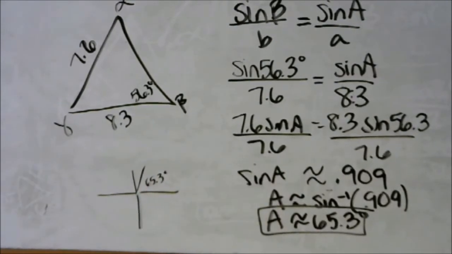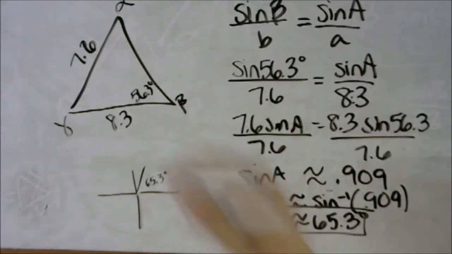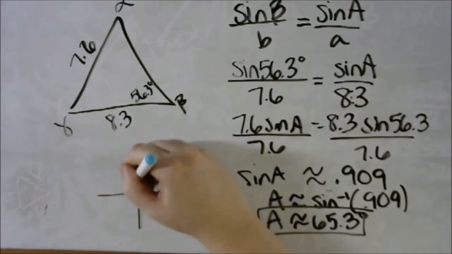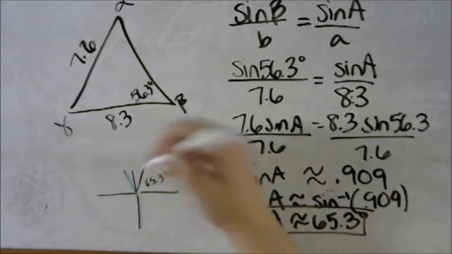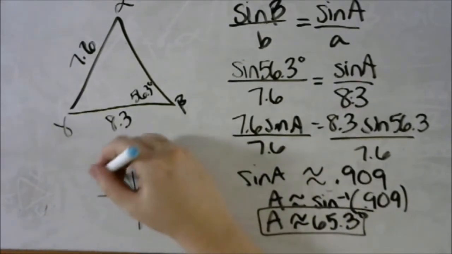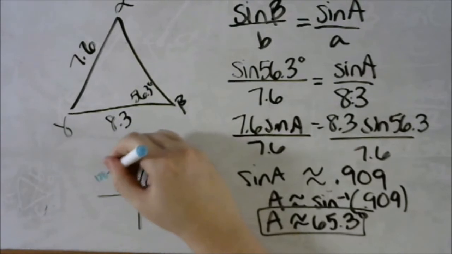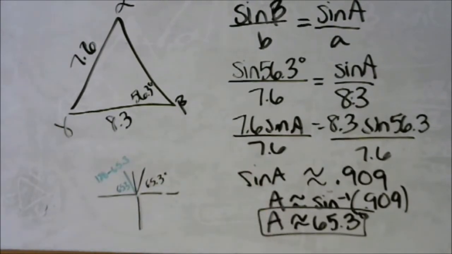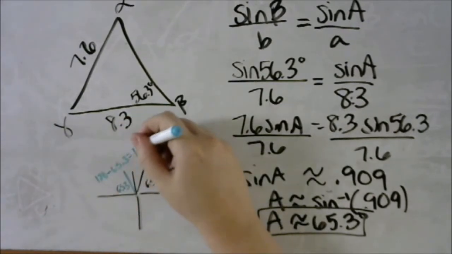Where is the other angle on the unit circle that would have the same sine value as this one? It's right here. So to find this mystery angle, we need to do 180 degrees minus 65.3. And we get 114.7 degrees.